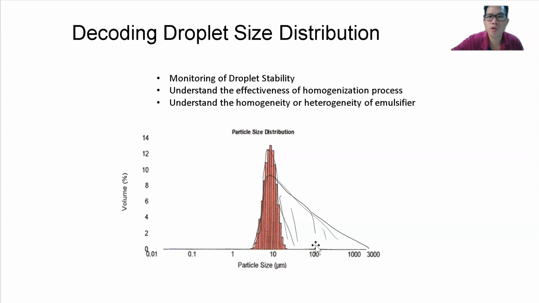The reason is that homogeneous means you have one emulsifier, and one emulsifier usually forms a particular droplet size. But when you have a heterogeneous emulsifier, some emulsifiers form smaller droplets and some form larger droplets. That is why the curve for a heterogeneous emulsifier can vary more and will be slightly wider.